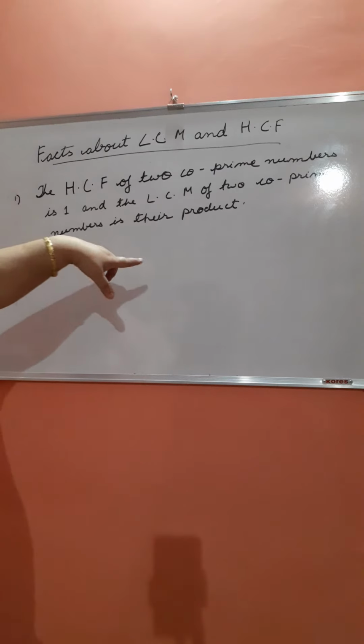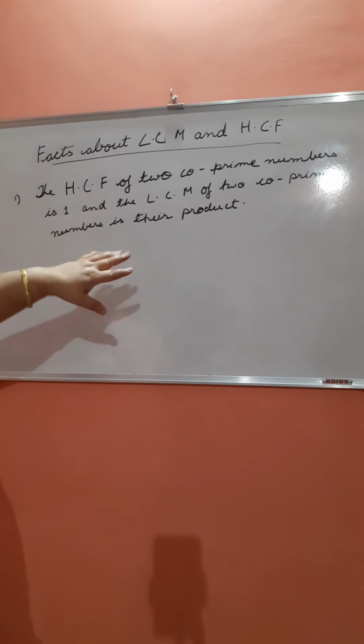Okay, HCF of two coprime numbers is always 1, and the LCM of two coprime numbers is their product.